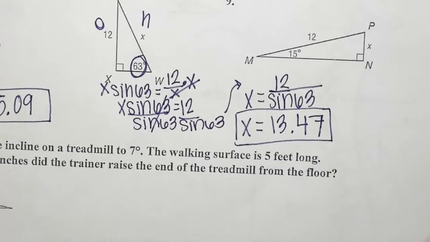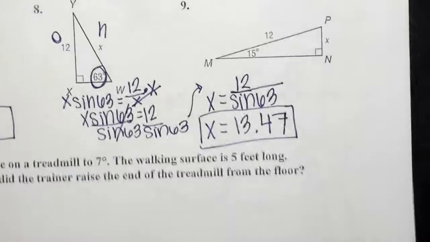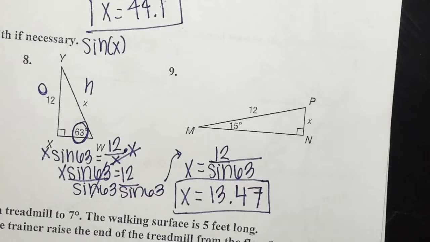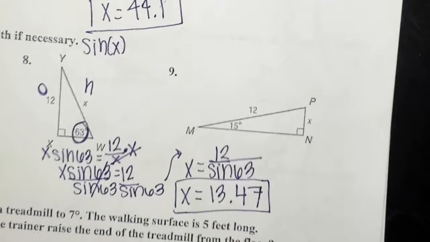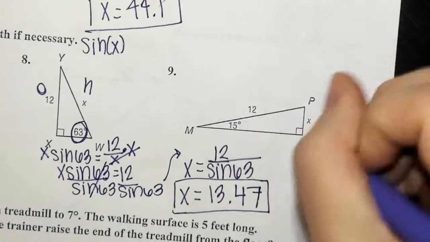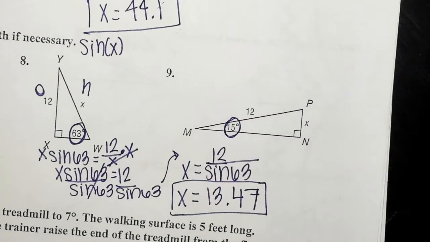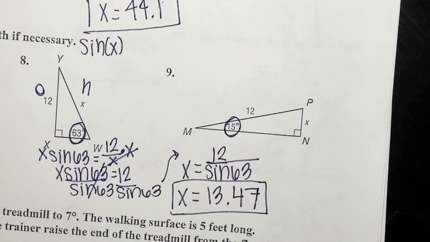Okay. All right. So then, do 9. Go on your own. Now we look at solve for X without switching it.